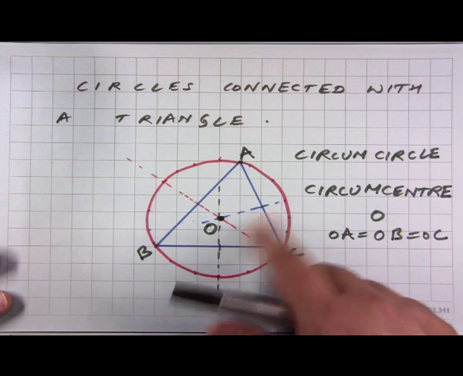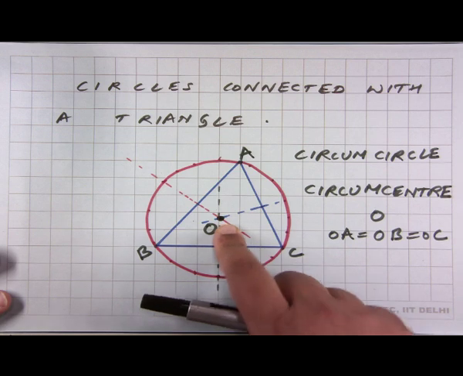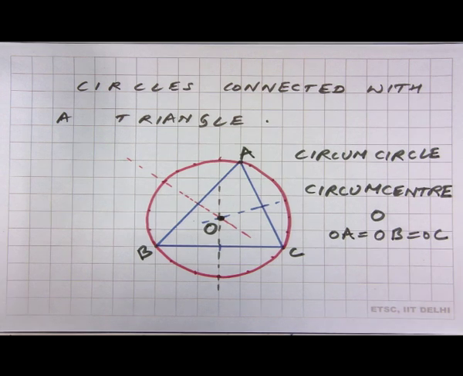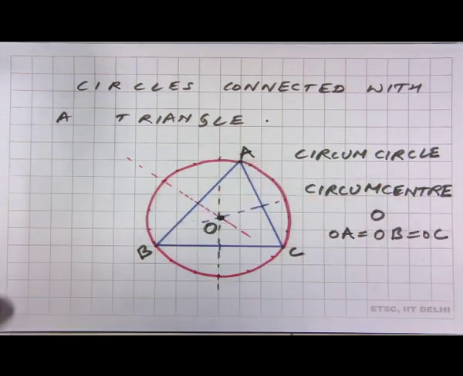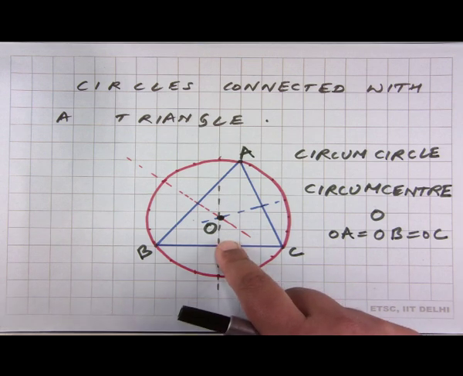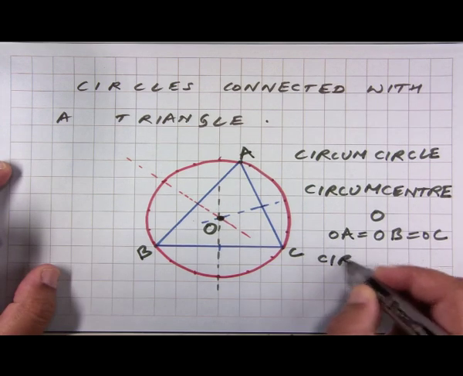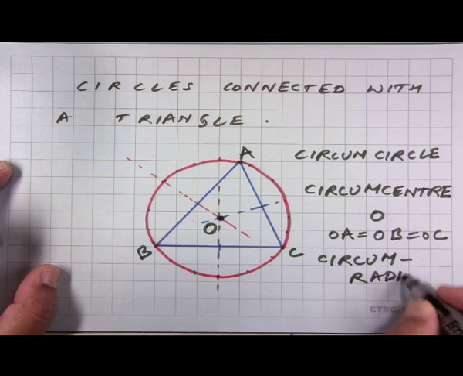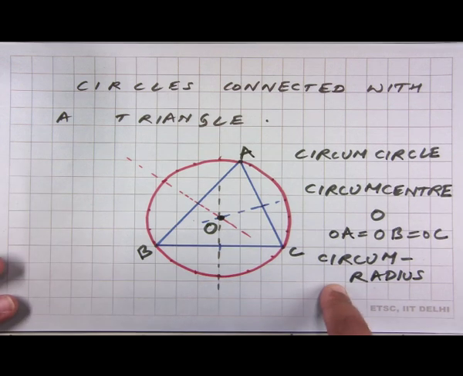All of these three perpendicular bisectors of the three sides are going to intersect at a common point O, which is going to be the center of this circumcircle, and the radius of this circumcircle is called the circumradius.